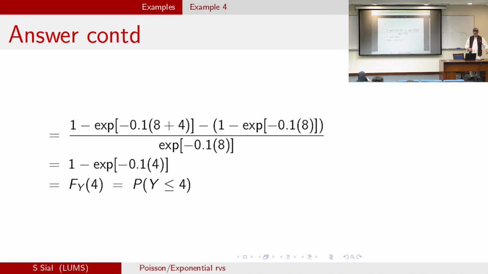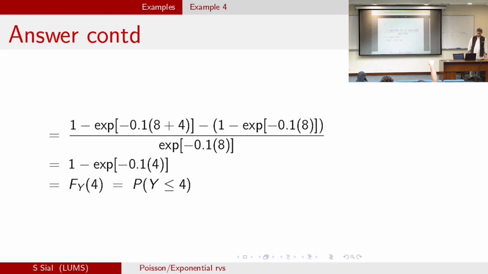It's not affected by the fact that I've already waited so long at all. If things are exponentially distributed, the fact that you've already waited so long has no bearing on how much longer you have to wait.